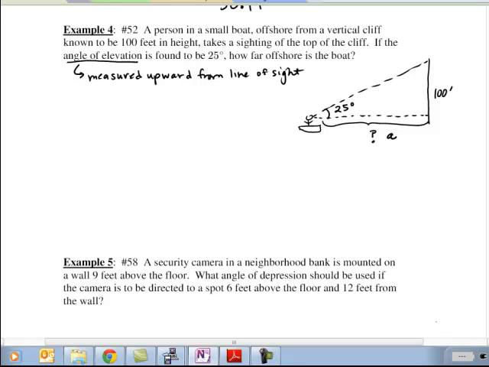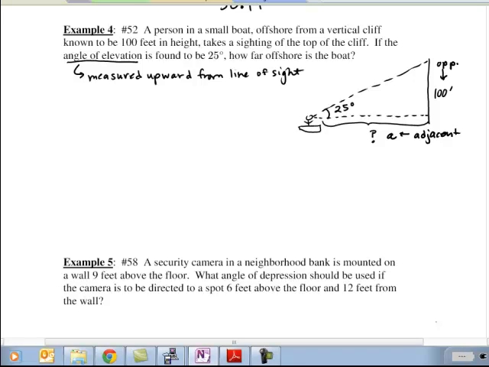Notice that relative to the angle 25, A is the adjacent side, and this is the opposite side, right? We don't have the hypotenuse, otherwise we could just use the Pythagorean theorem.